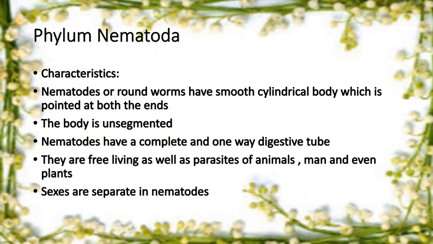They are free living as well as parasite. Both types are found in Nematoda. That is, some are free living, just like in Platyhelminthes, Planaria was free living, while liver fluke and tapeworm were the parasites of vertebrates.